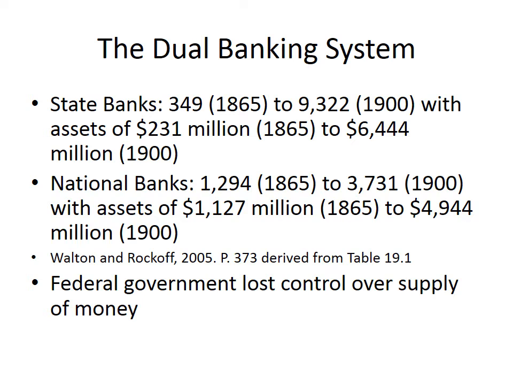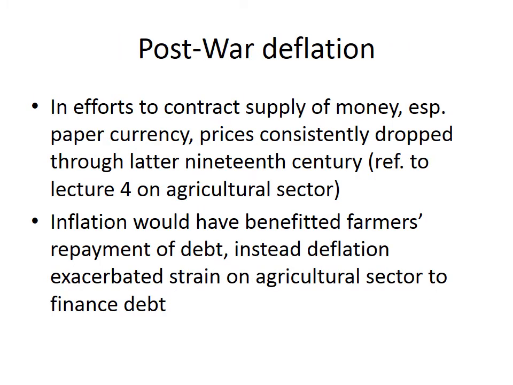People have overborrowed money. This is all what we've been talking about through the previous presentations. This is as a result of agricultural expansion, as a result of westward expansion and land speculation, as a result of industrial production.